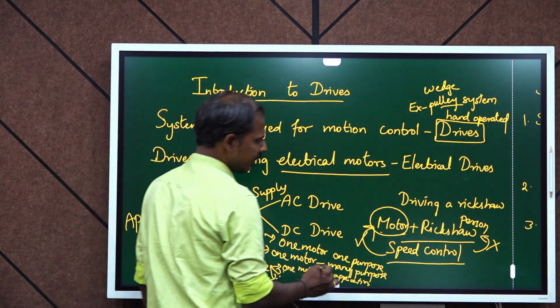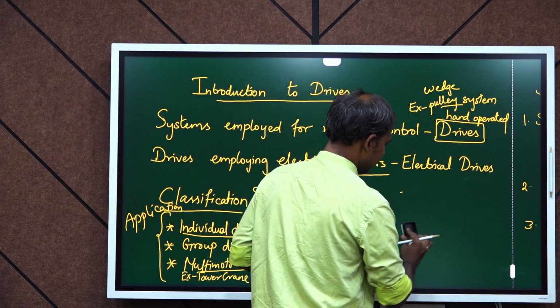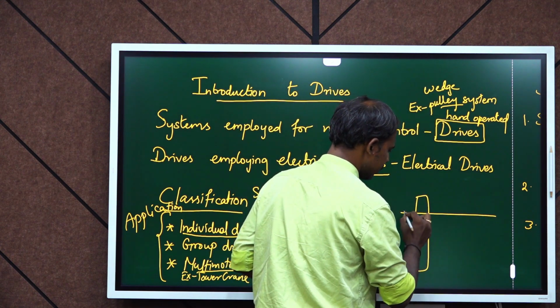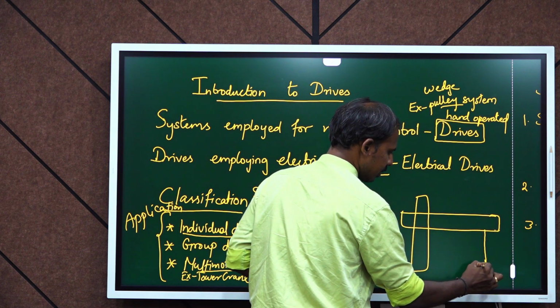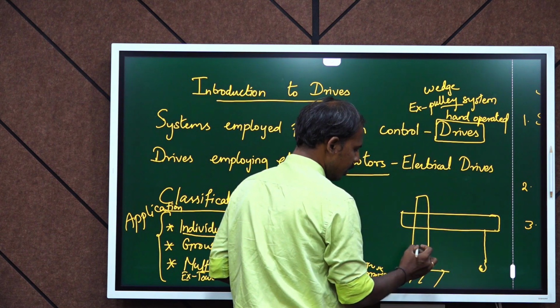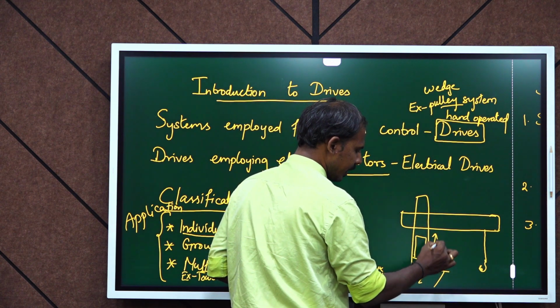So when you find that you have a tower crane, imagine that the segment is like this, a horizontal arrangement where you can have this arrangement for lifting tools and other mechanism. This is on the ground system. So you have one drive segment which is for this vertical movement.